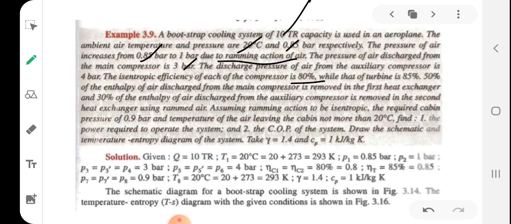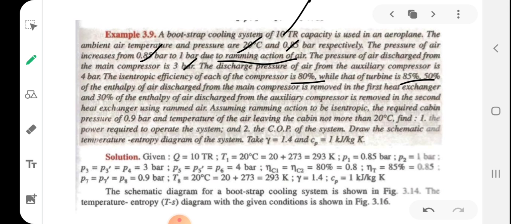So this is very important. This concept I think you have learned in the previous theory class, though I haven't mentioned this particular thing: isentropic efficiency of compressor and turbine. 50% of the enthalpy of air discharged from the main compressor is removed in the first heat exchanger, and 30% of the enthalpy of air discharged from the auxiliary compressor is removed in the second heat exchanger using rammed air.